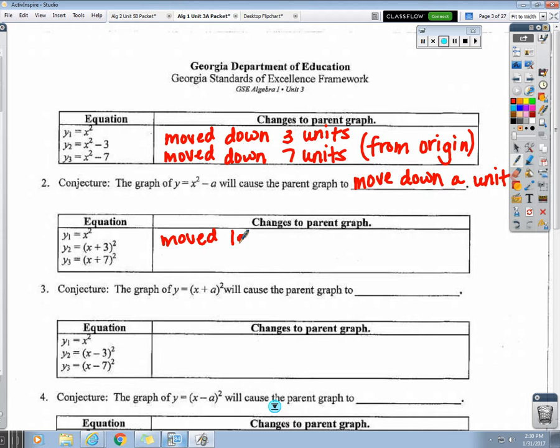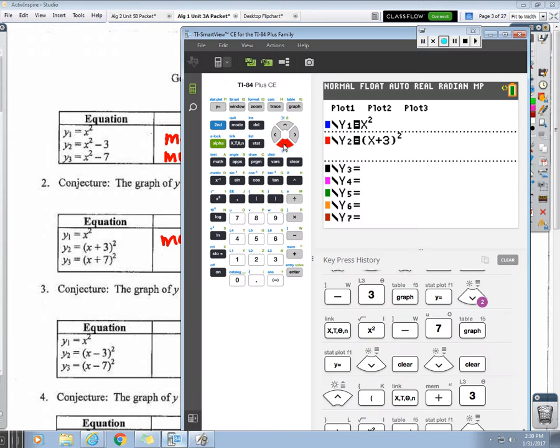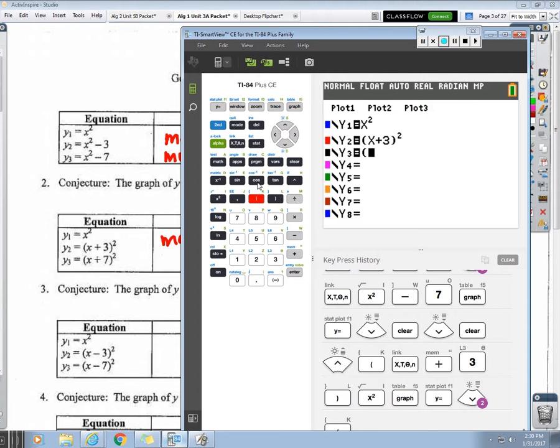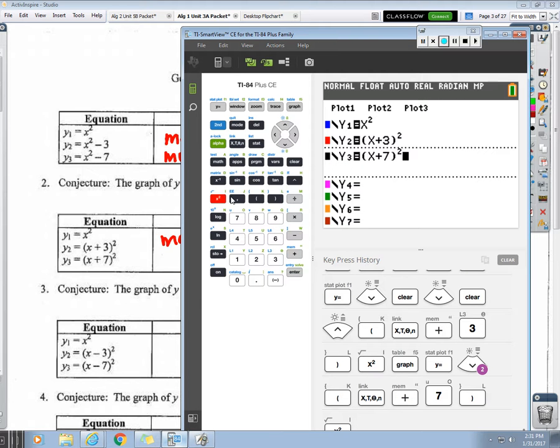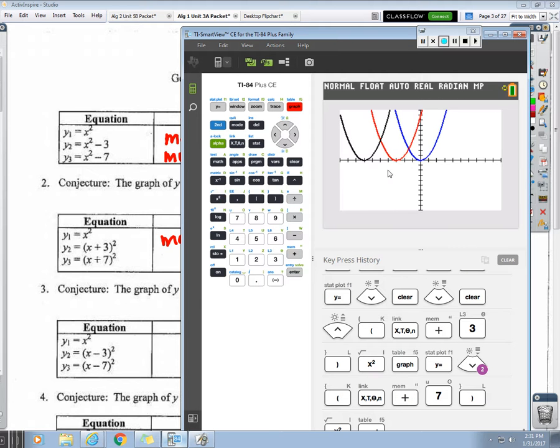Pretty sure by common sense most of you will know what the next one's going to do, but let's just plug it in and see. Y equals parenthesis x plus 7, and then squared on the outside, and when you graph it, you see that the new parabola is over to the left by 7 units. Yes, they always move from the origin.